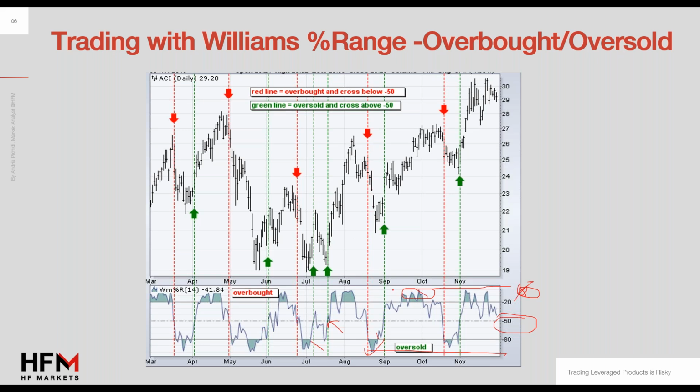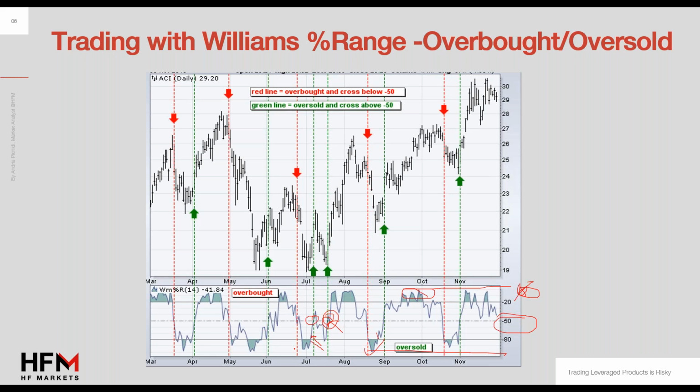So if someone has entered long as soon as the asset crossed above minus 80, they could add to the existing position as soon as they see a further move to the upside, and more precisely above and away from minus 50.